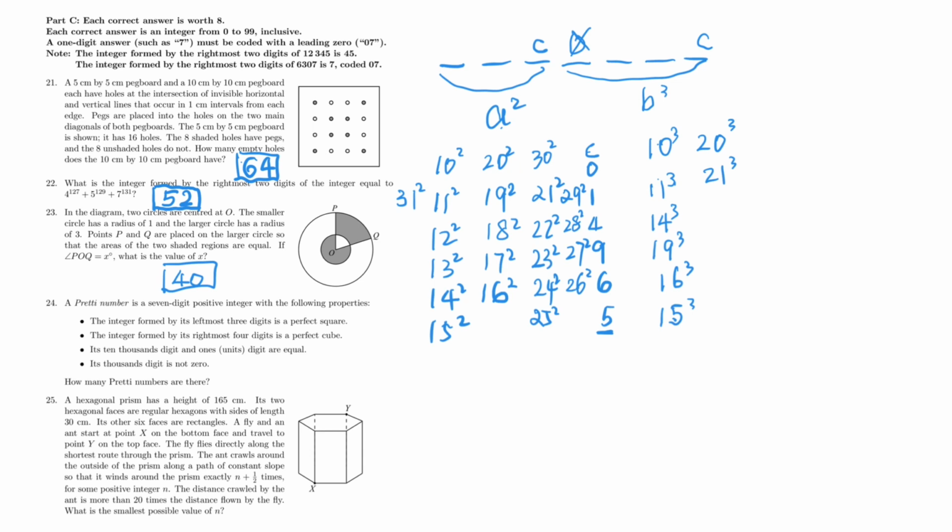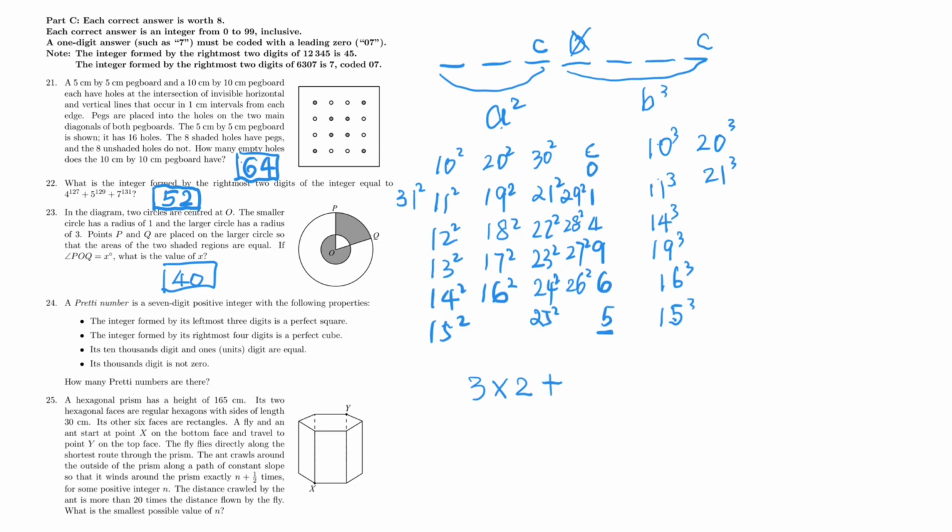For C equals 0, that is the ones digit and the 10,000s digit. A square has 3 numbers with ones digit 0. The B cube has 2, so 3 times 2.